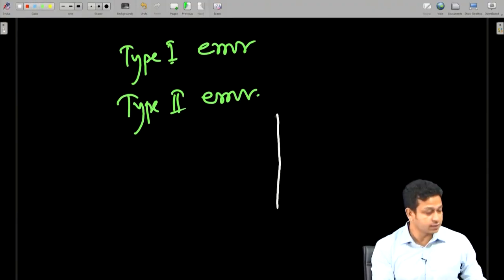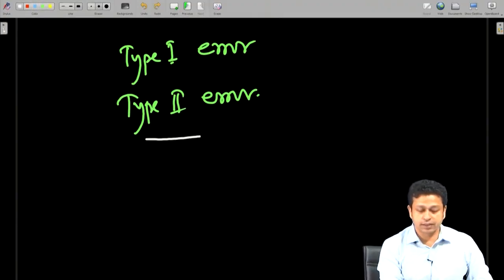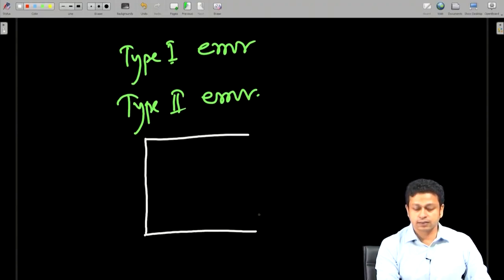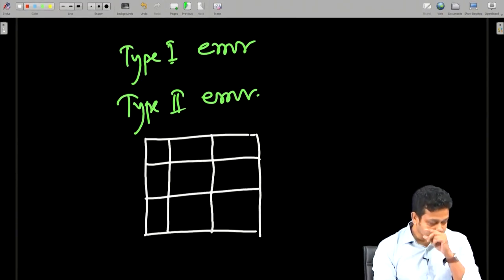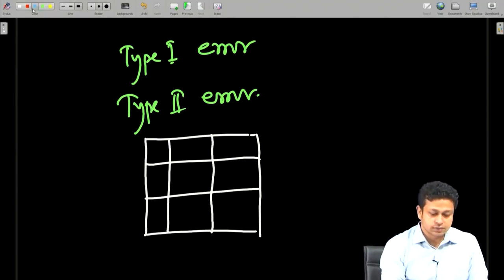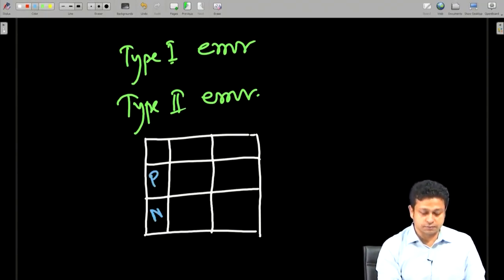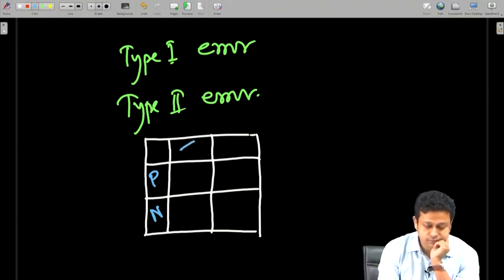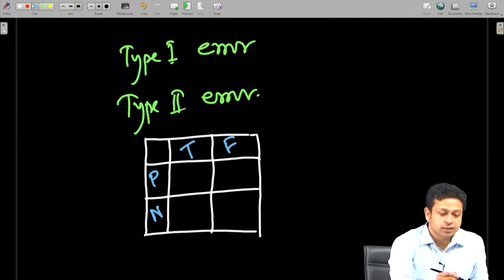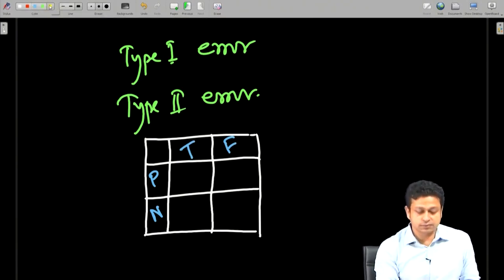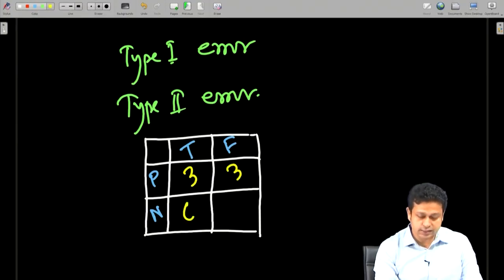Let us say I have a grid here, and in this grid I have positive, negative, and the premise could either be true or false. I will use some other color here. Let me use yellow, and let us say these are the numbers 3, 3, 6, 2.